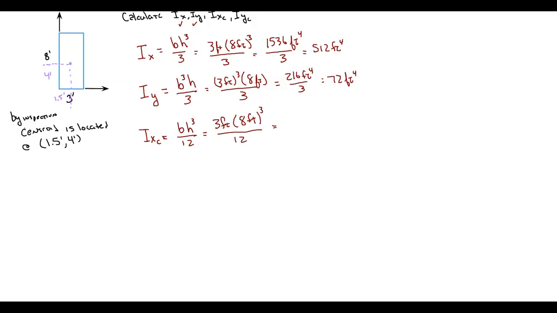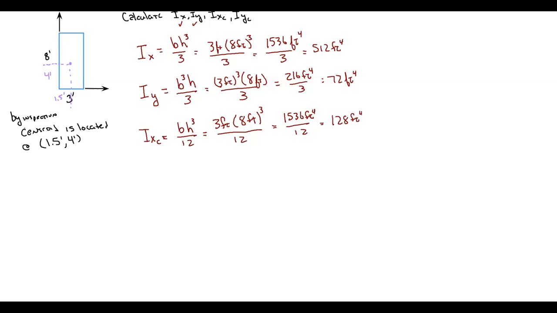I'm going to just do the calculator. 8 raised to the 3rd is 512. 512 times 3, 1536, which we knew from above. 1536 feet to the 4th power divided by 12. Should be something like 128 is my guess. 128 feet to the 4th.